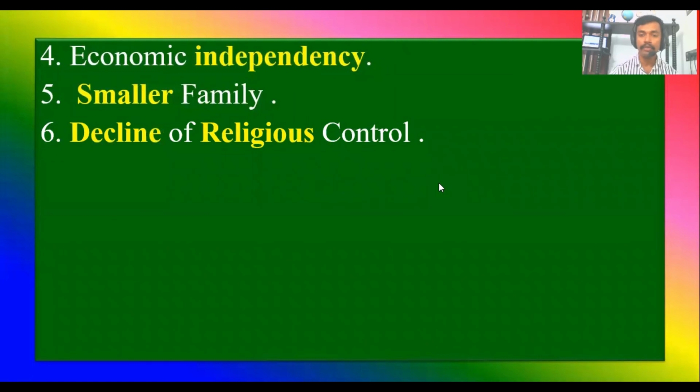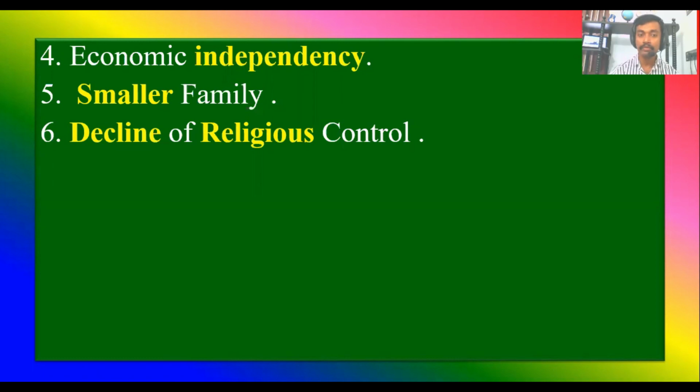The smaller family. For example, we know that our grandfathers and grandmothers had more than 10 children. But now modern families have a maximum of 2 or 3 children.